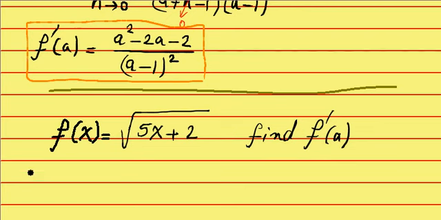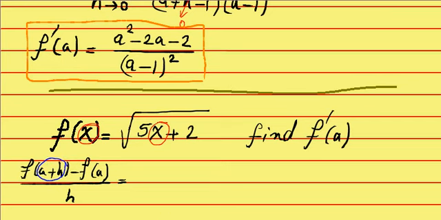Okay, so we start, we learn, we start with the difference quotient, the average rate of change. What should I do? Well, first, instead of this x, that red one, I'm going to substitute this blue one. So I'll have radical 5 times, okay, instead of x, that's where substitution happens, a plus h.